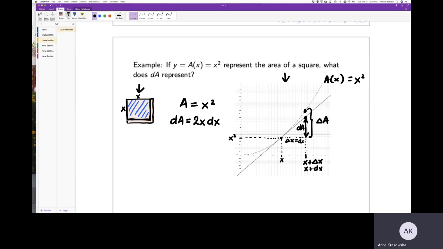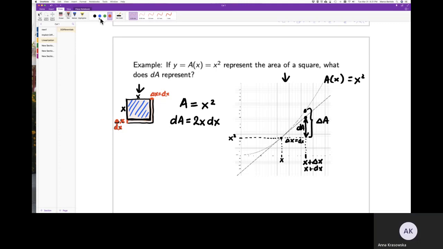If to x we add extra length, delta x, or you can call it dx, this extra length is here and here. Okay, if we add this delta x, equal to dx, it will give us a bigger square.